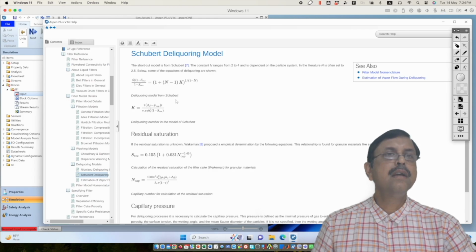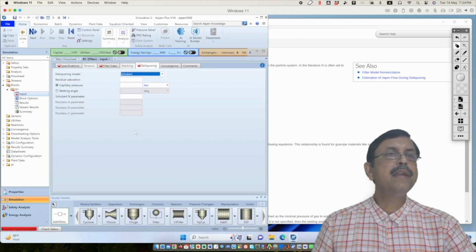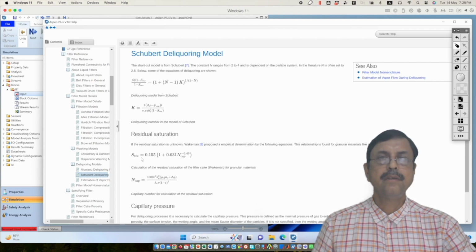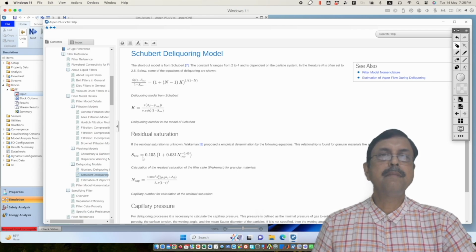And for that, the parameter n is important. And we have to fix the parameter n, Schubert n. Residual saturation is calculated from this equation where we need n cap. N cap, that is capillary number, is also calculated from this. So all these information are there in the system with Aspen Plus. So n cap and S res will be calculated by Aspen Plus itself.